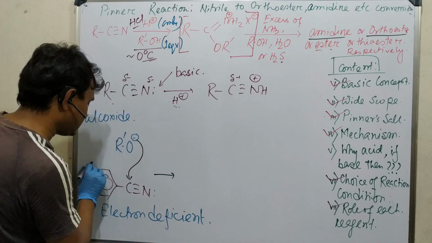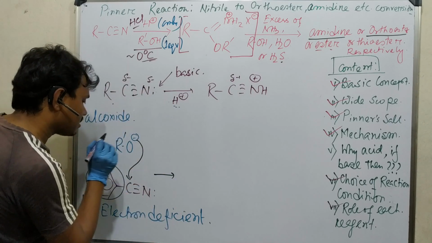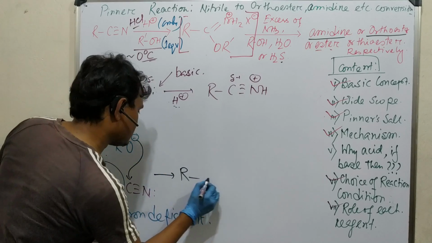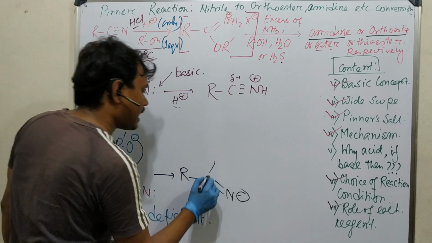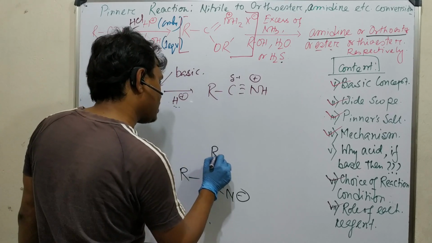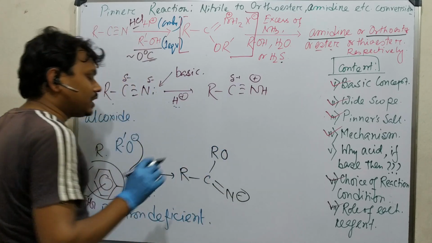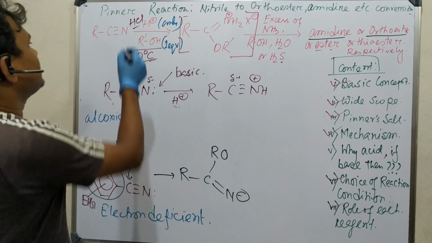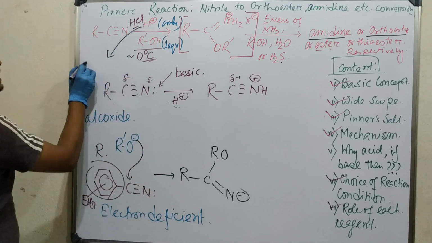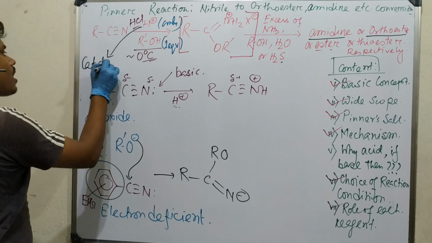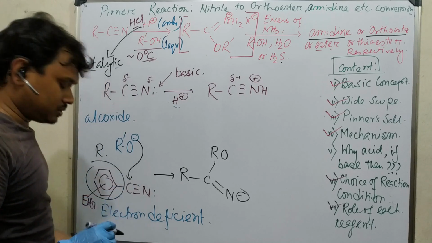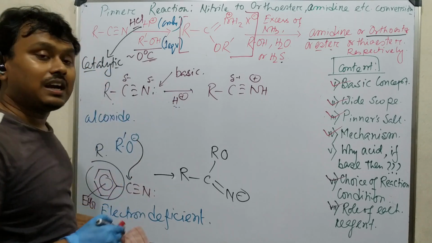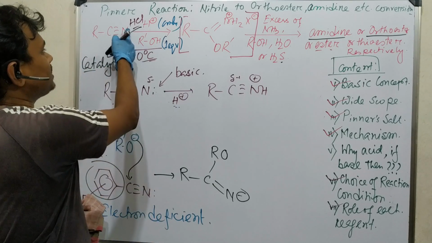Let's consider this thing as R again. So R, C double bond N minus and RO. By the way, I forgot to mention, this acid is needed in a catalytic amount, because in the first step it is consumed.